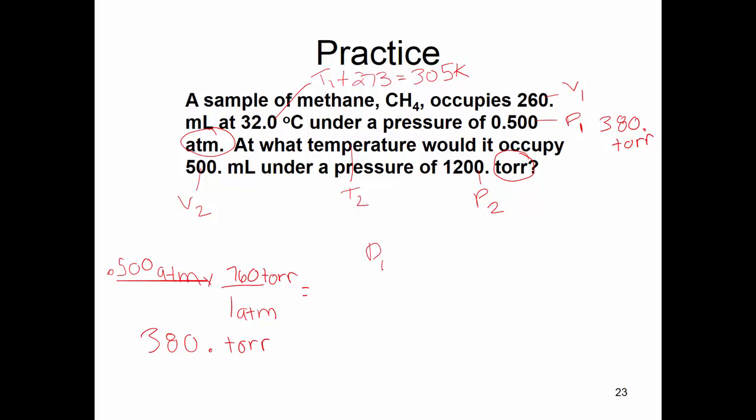So I have P1, V1, T2 equals P2, V2, T1. I'm solving for T2, so I've got to divide here. All I'm doing is rearranging the equation.